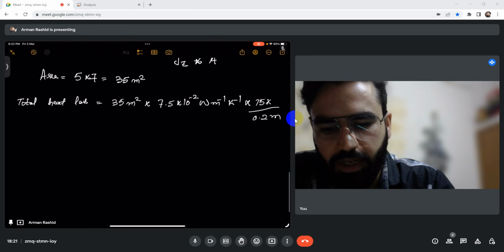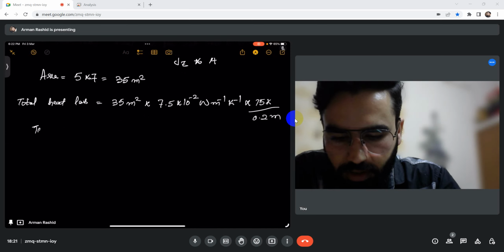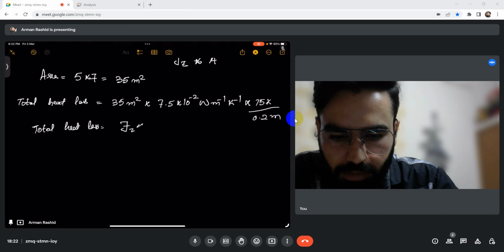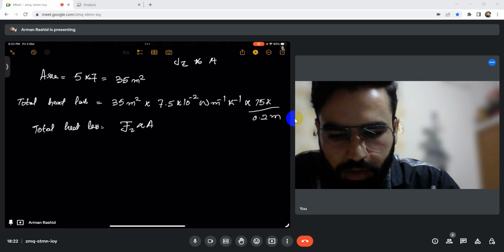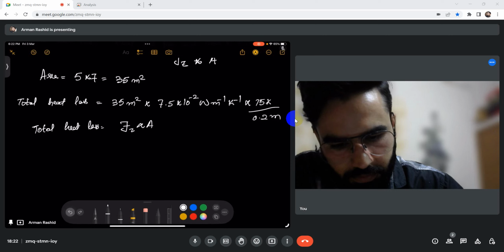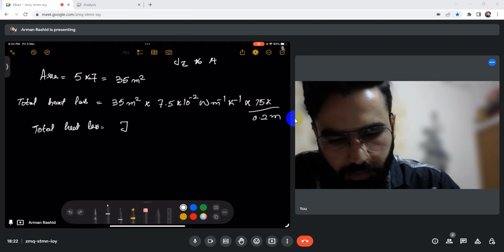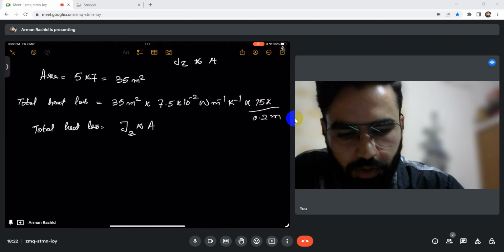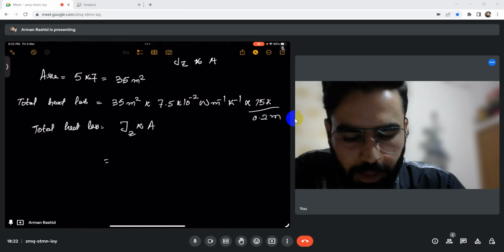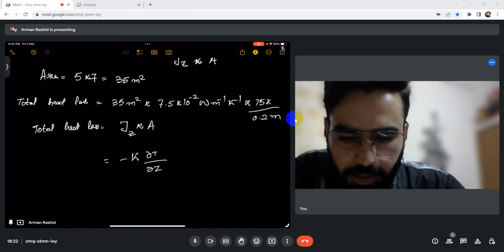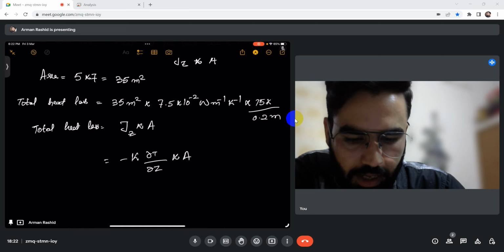What I have derived is that the total heat loss will be Jz multiplied by A. Jz is given by minus K dT by dz, multiplied by the area.